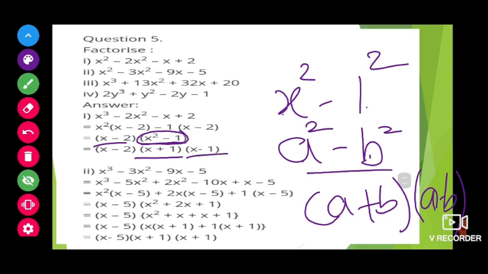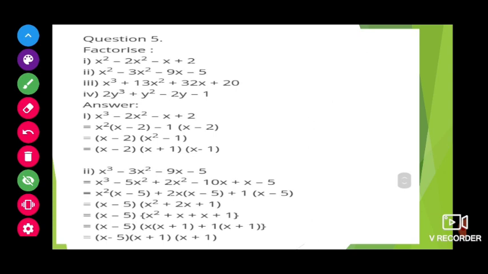Next, in the same way, the next expression: x cube minus 3x square minus 9x minus 5. To get the common, children, if I take 2x square out of this, x minus 3 we would get. But here we cannot get x minus 3.